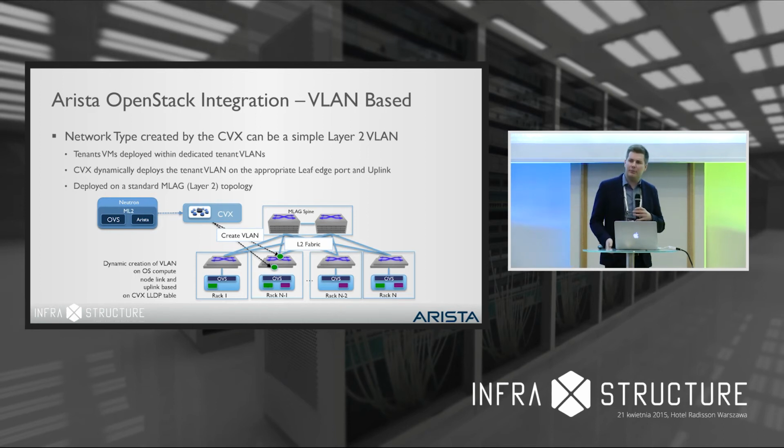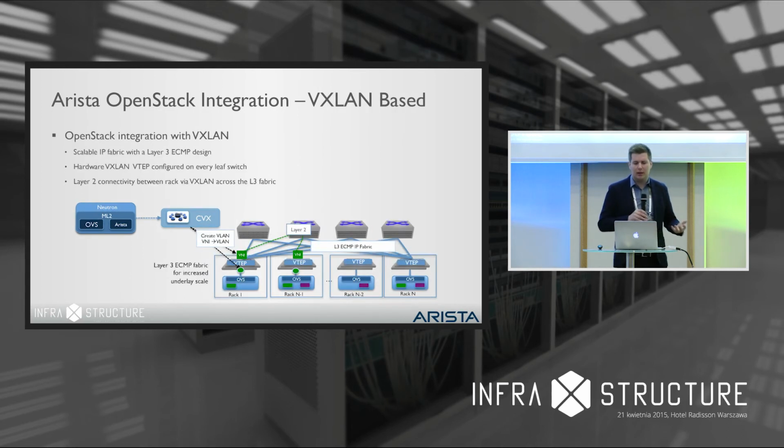And that works well from a simple point of view, but works less well from a scale point of view. So what we are really helping the industry bring is the VXLAN standard, co-authored by ourselves, VMware, and others. And really, this is allowing you to scale across a layer 2 network.